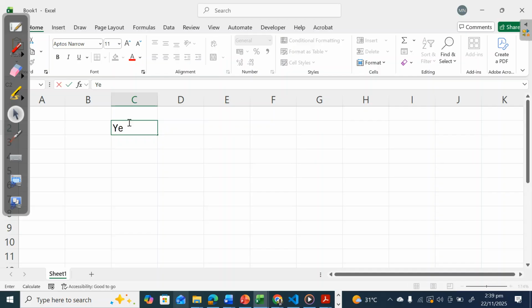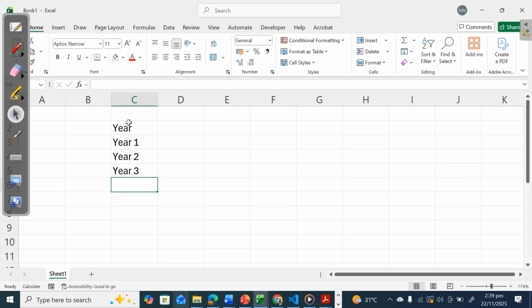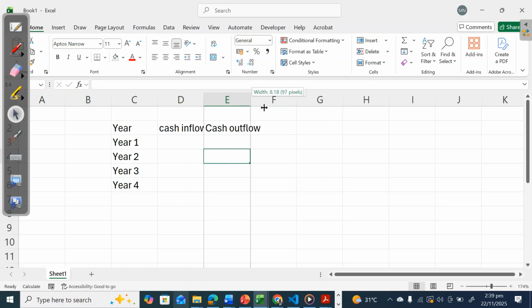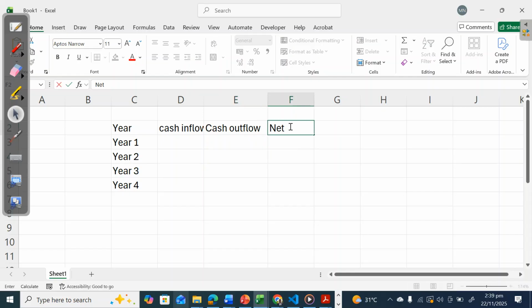So we have the year: year one, year two, year three, year four. Then let's look at the cash inflow, then the cash outflow, then the net cash flow.